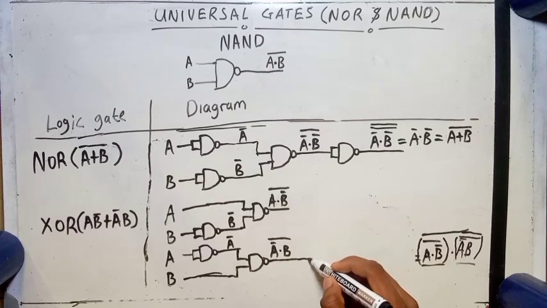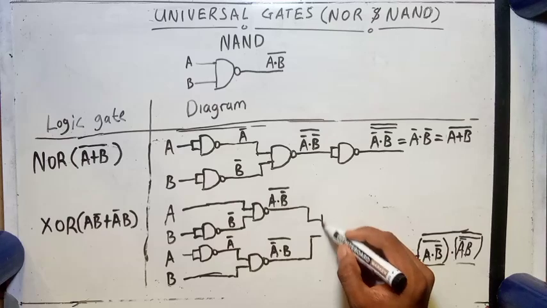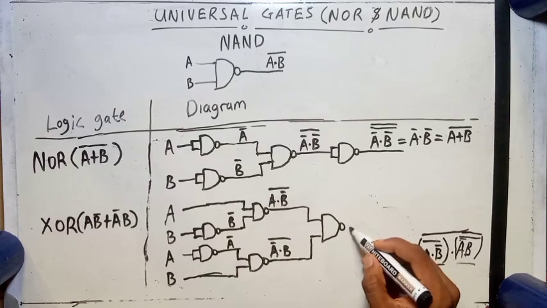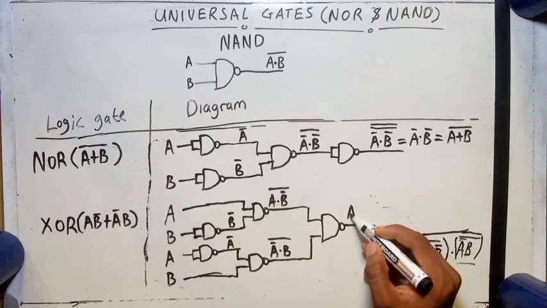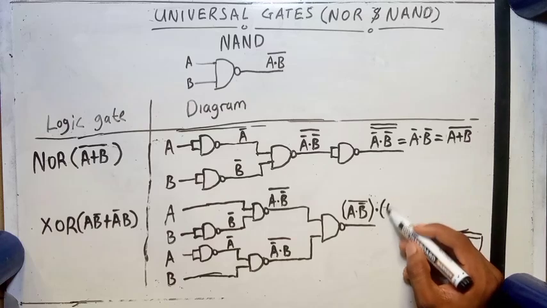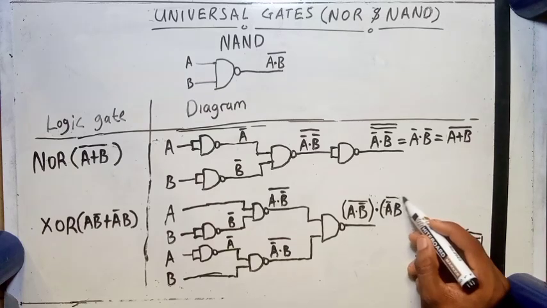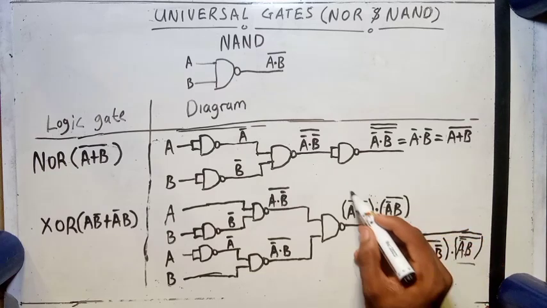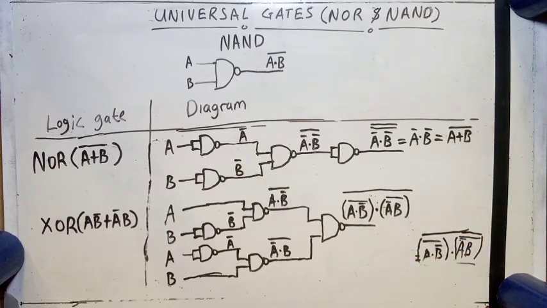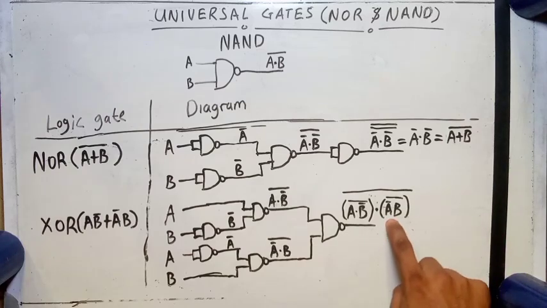What we are going to be doing now, we'll be having A dot B bar, all bar, in brackets, times A bar dot B, all bar, then all bar. We have what? Achieve what? X or. Now is this and this the same thing?